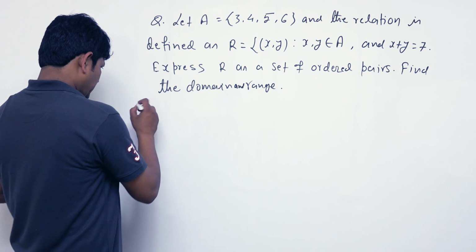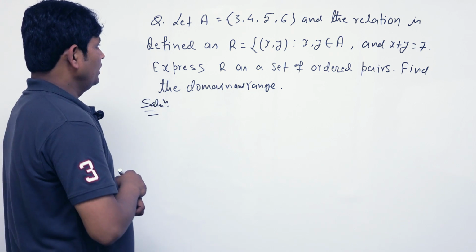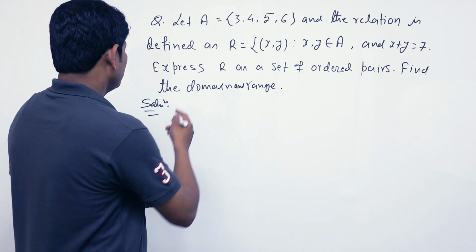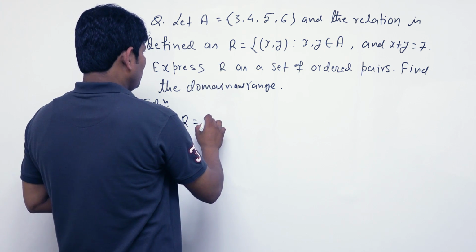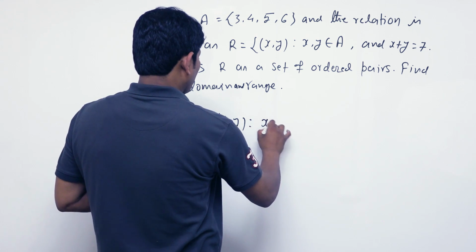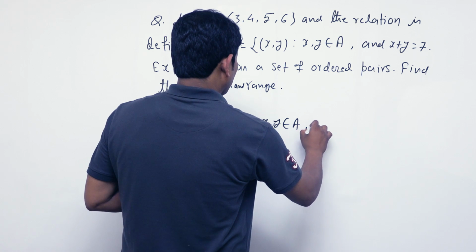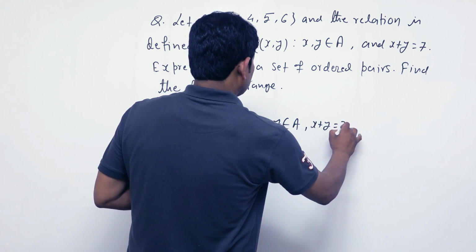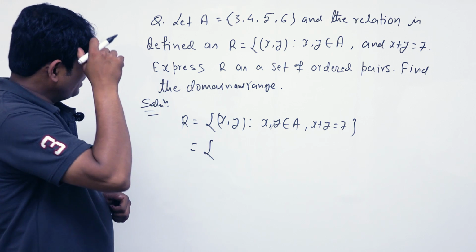So now let's see the solution. First we have to find the relation. R is equal to {(x, y) such that x, y belong to A and x plus y is equal to 7}. Do you have any idea?